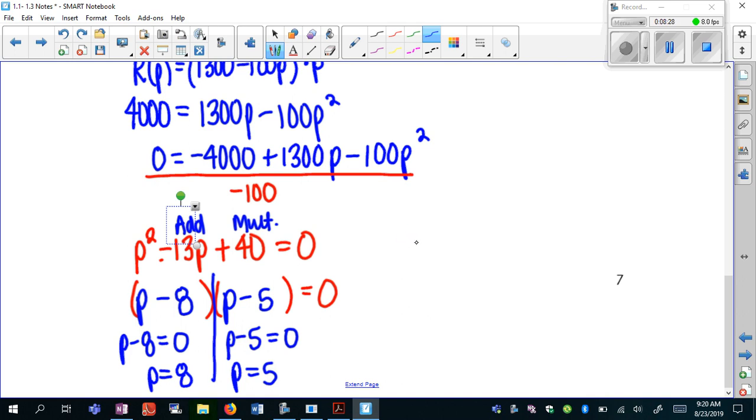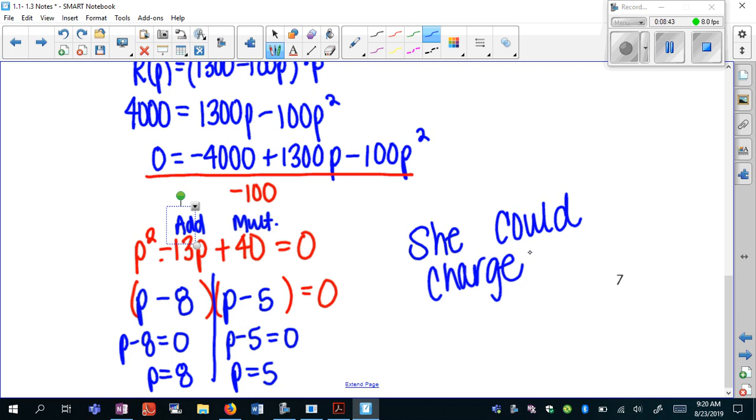If you think about it, she would be best off selling for $5 because more people are likely to buy if she's selling for less. So she could charge $5 or $8 and get the revenue of 4,000.